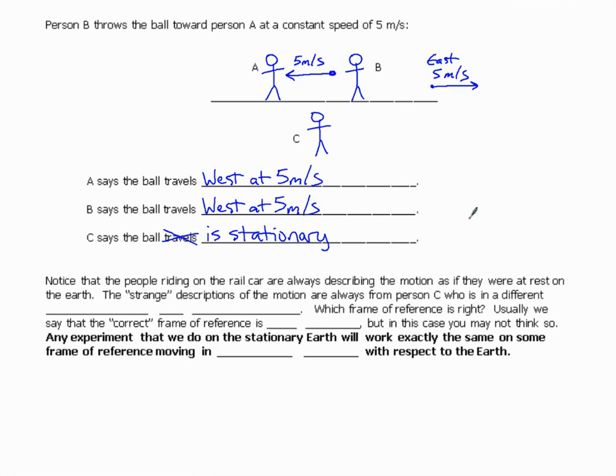Notice that the people riding on the rail car are always describing the motion as if they were at rest on the earth. The strange descriptions of motion are always from person C, who is in a different frame of reference.